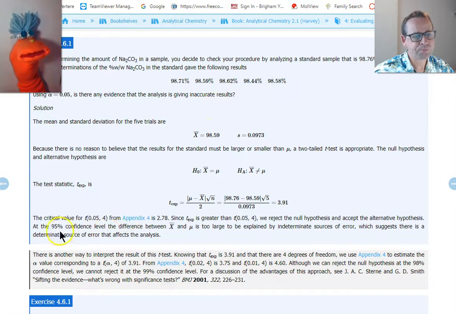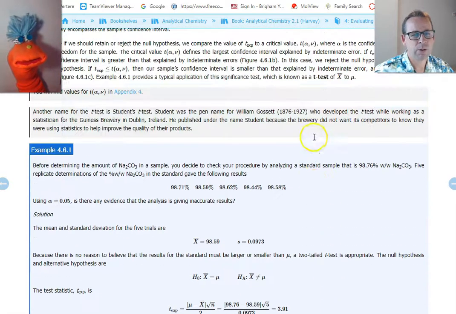Okay? So, let's read through this. Since t expected is greater than what we would expect, we reject the null hypothesis and accept the alternative hypothesis. At the 95% confidence level, the difference between these two is too large to be explained by indeterminate sources. Therefore, we have to go back and figure out why our test is not giving us the right value. Okay?